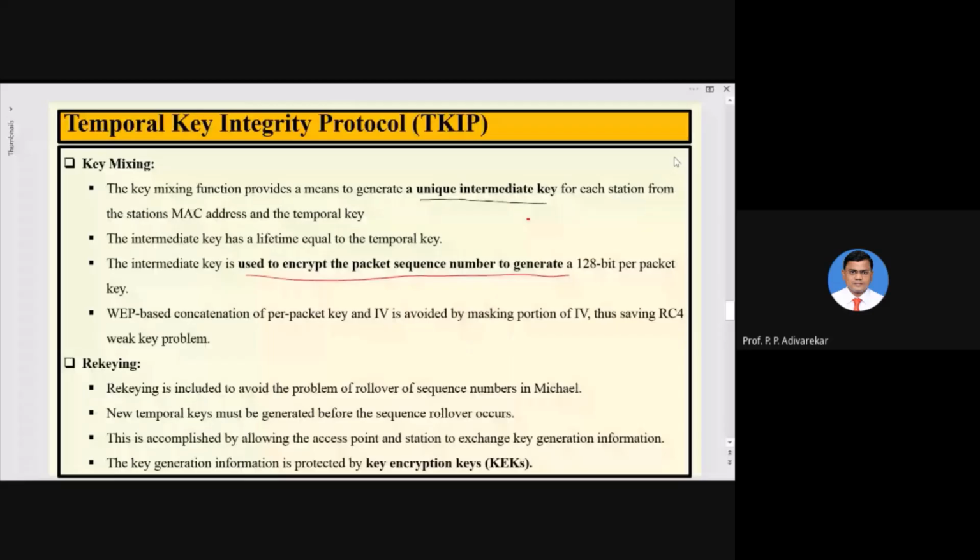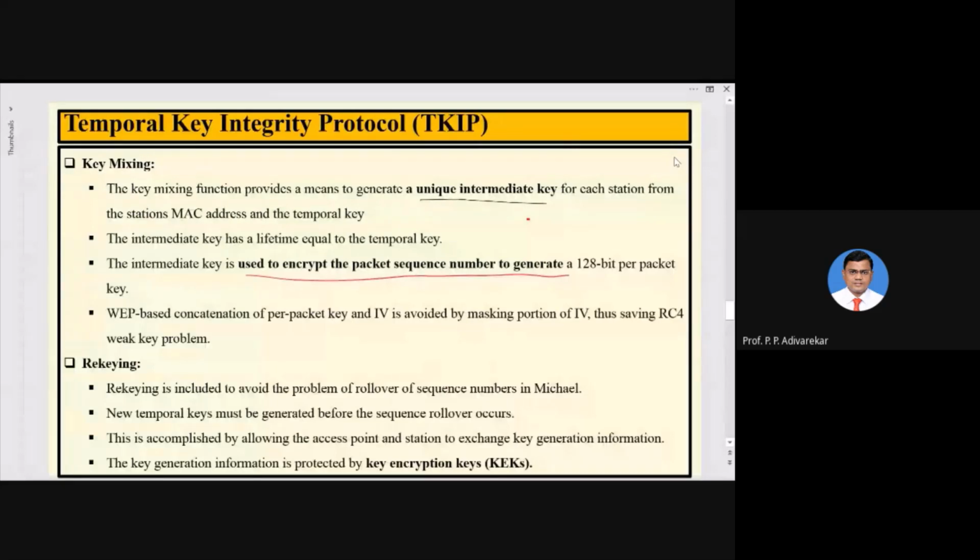This intermediate key is used to generate a 128-bit per packet encryption key. The WEP-based concatenation of a per packet key and IV is avoided by masking a portion of the IV, thus saving us from the RC4 weak key problem.